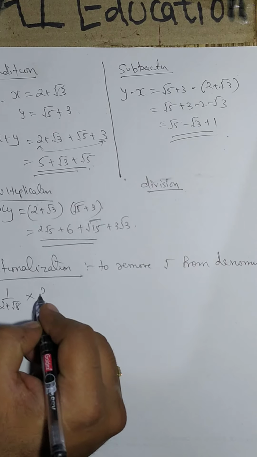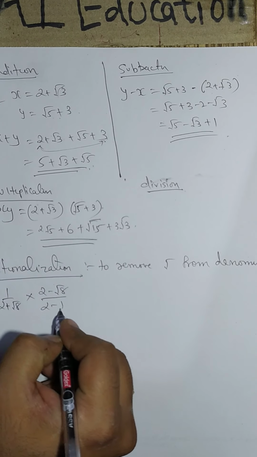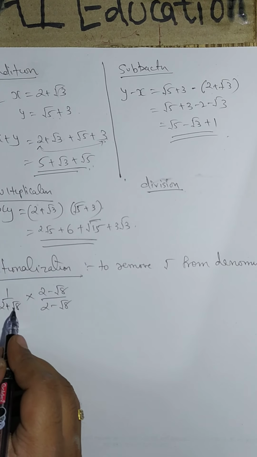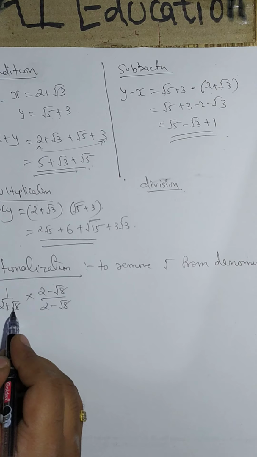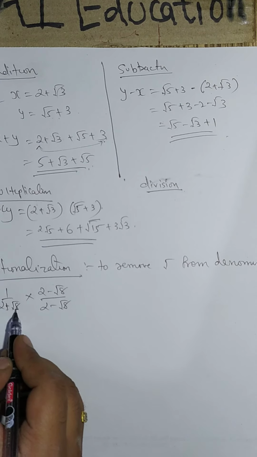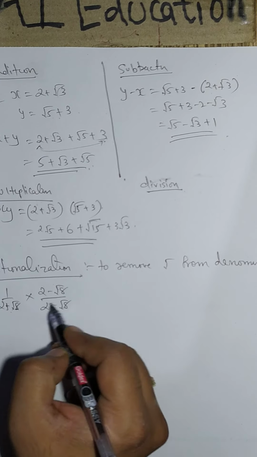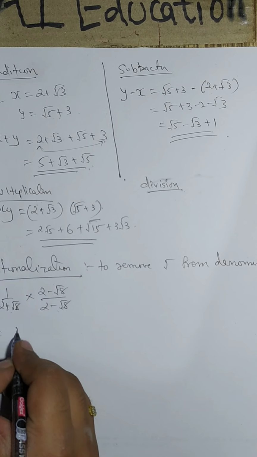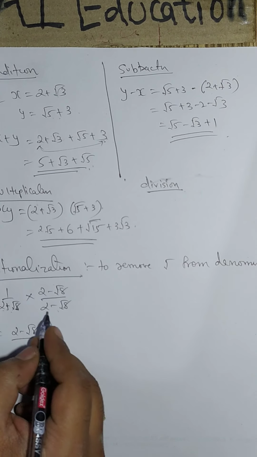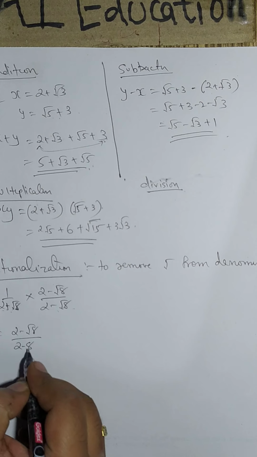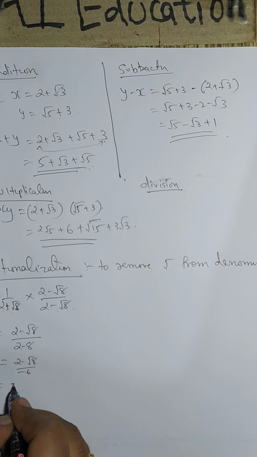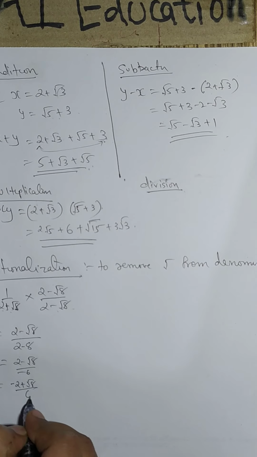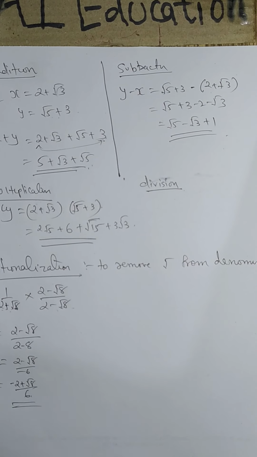We simply multiply and divide by the conjugate. Conjugate means the additive inverse of the square root term. So if we do this multiplication and division, it will be a plus b, a minus b in the denominator. So ultimately 2 minus root 8 upon minus 6, which can be written as minus 2 plus root 8 upon 6. This is the answer for rationalization.